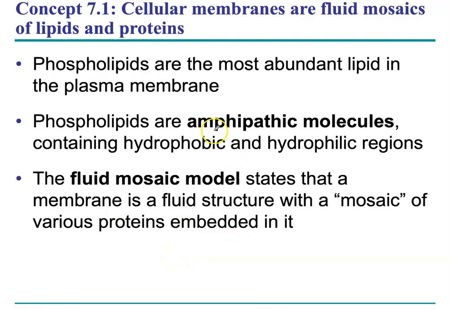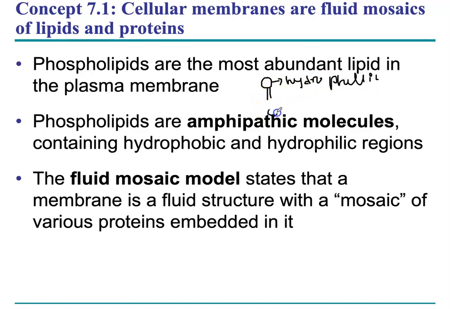So basically the phospholipids, if you remember from chapter 5, have a hydrophilic head. These are the hydrophilic heads, and this is made up of that glycerol and that phosphate portion of it, and then it has two hydrophobic tails.